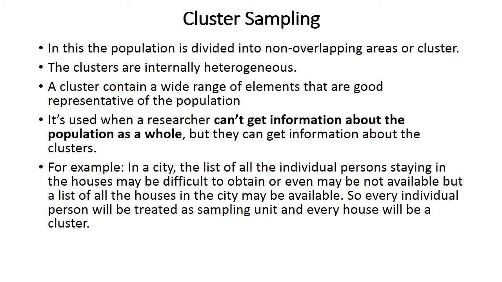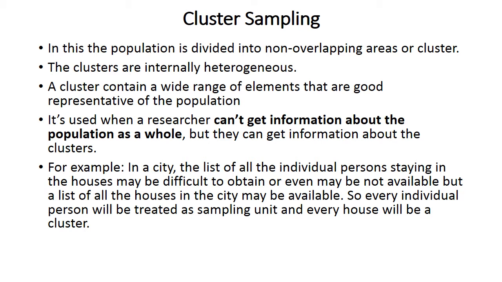The population is divided into non-overlapping areas or clusters. As I said, it is used when a researcher can't get information about the population as a whole, but they can get information about the cluster. This will be clear with this example.